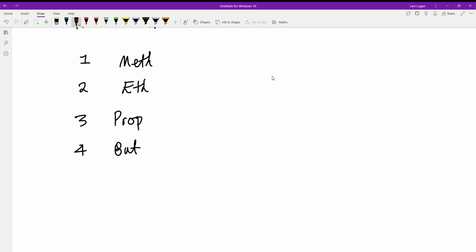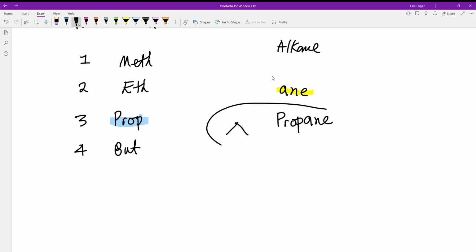Now, if it's an alkane, meaning it only has single bonds with the carbon, it's going to have "ane" at the back. So if I were to go 1, 2, 3, this would be prop, because there's 3 carbons, and ane. That's how I would name that basic compound.